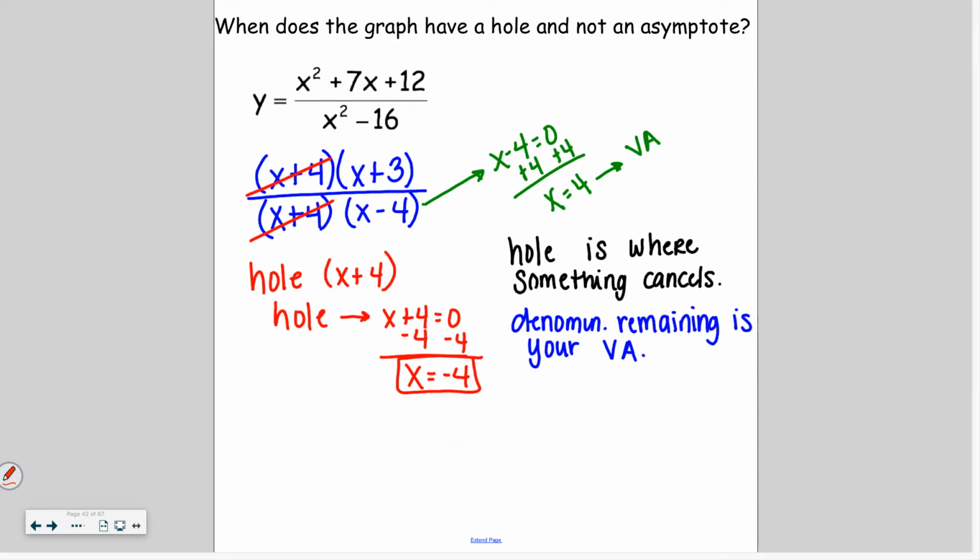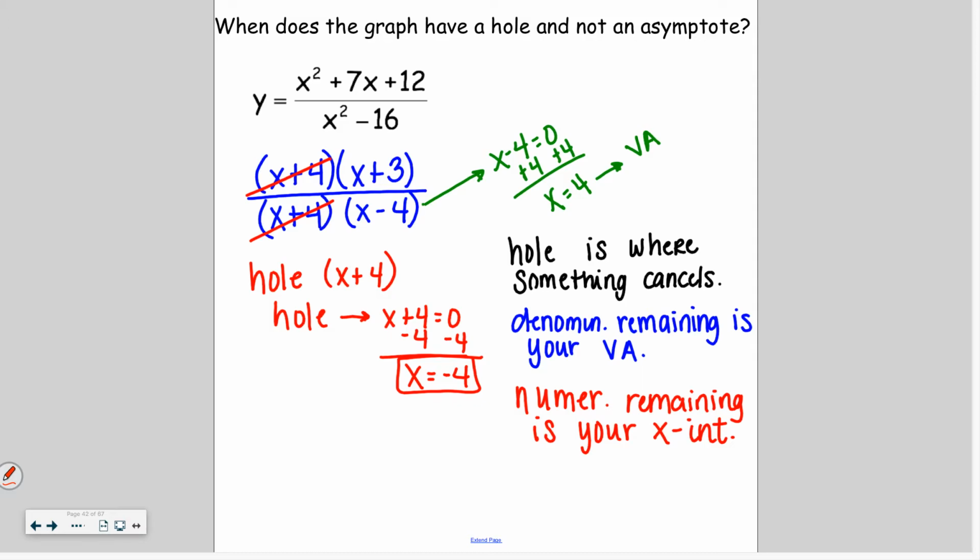One other thing, and this is why I was having you do it earlier, your numerator remaining is your x-intercept. So in this case, your x-intercept would be -3.